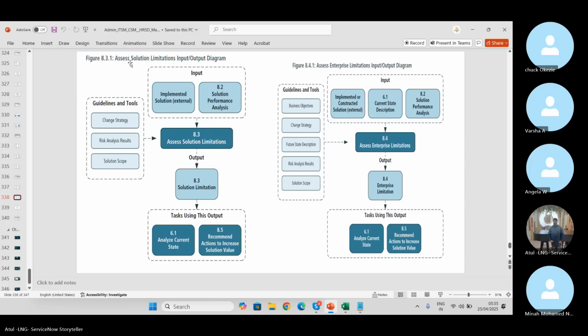When we are assessing the solution, we have to see what the key blockers are due to which I'm not able to get the full value of this solution, or the full realization value.